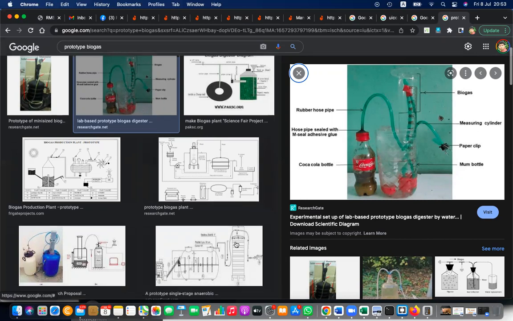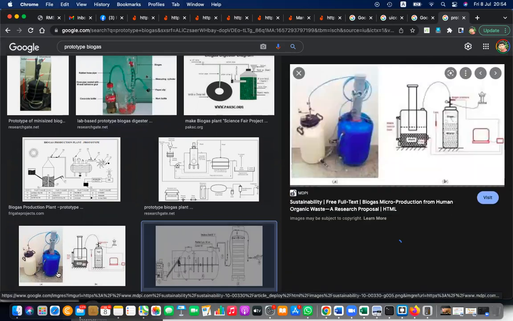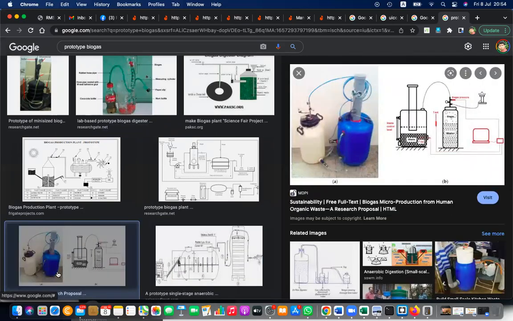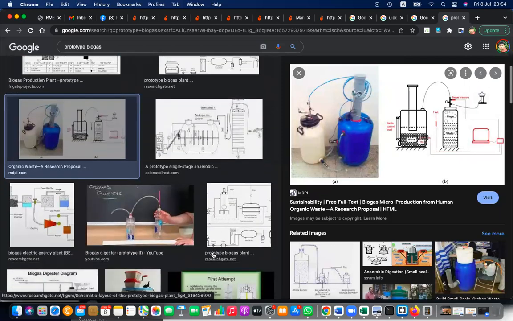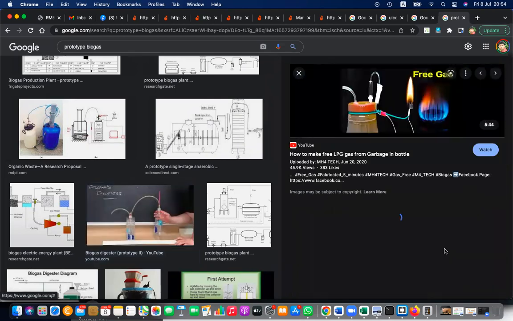I think you can see here. These are working models. These are not real, but working models. So these are not final systems, just a working model or working prototype.